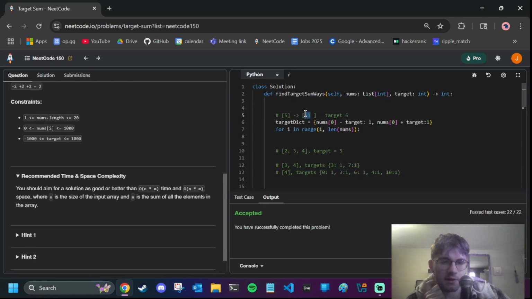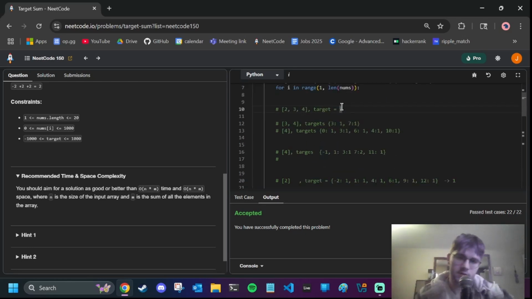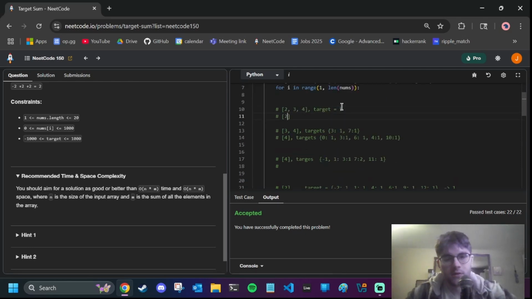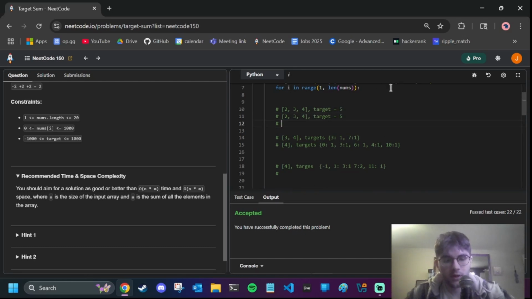Because this is like, all right, let me go back to the drawing board here. So when we have something like this, and we remove the 2, or let's just say we have i. At this point, we're saying this whole thing needs to have a target of 5.